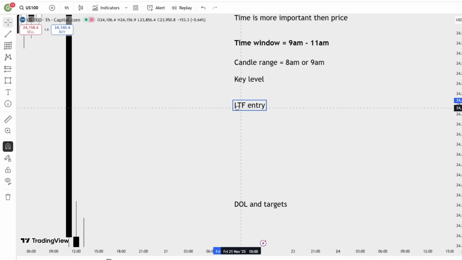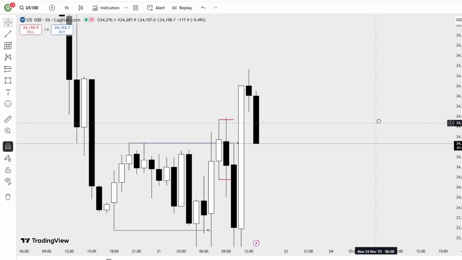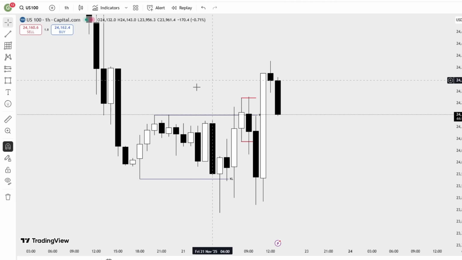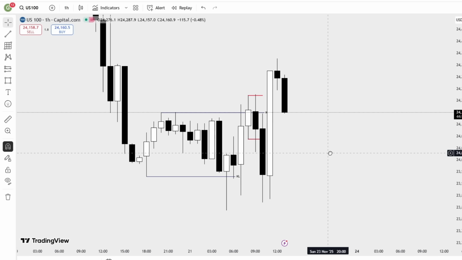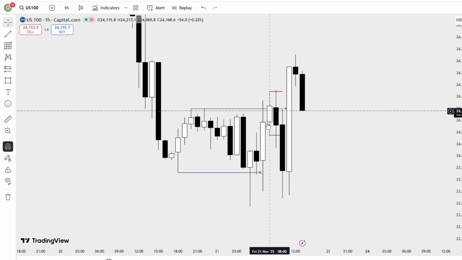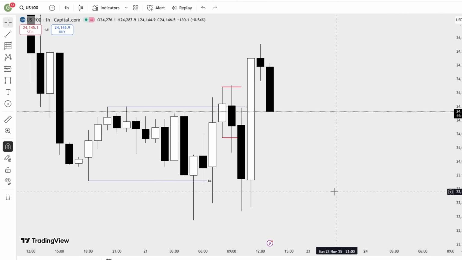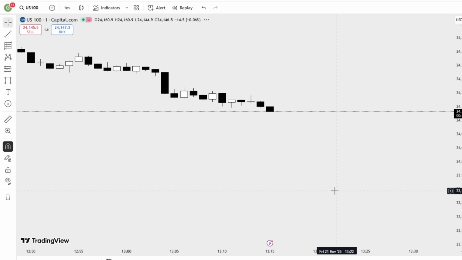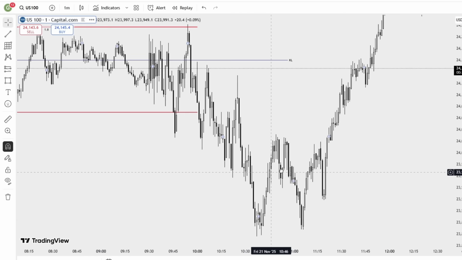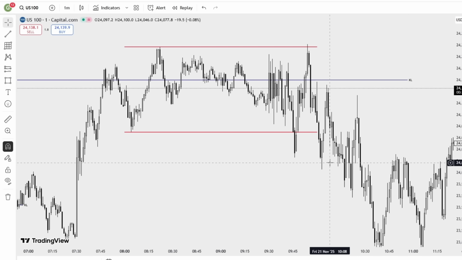Now, how do we do our entries? We are in the 1 hour time frame here for the candle range marks and key levels. The open and the highs and lows are key levels, and the candle range is on the 1 hour. We go to the 1 minute chart. I want you to pay very careful attention to this.